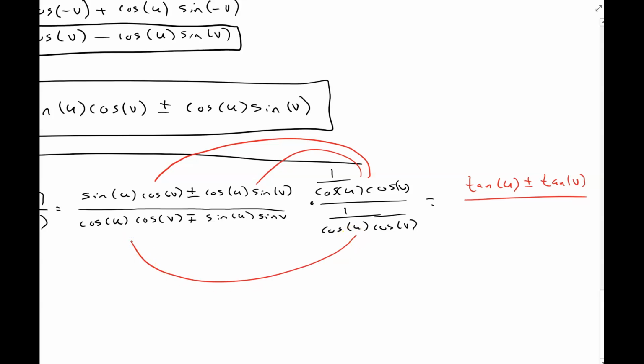When I distribute to the denominator, cosine u's cancel, cosine v cancels, and I'm left with 1. And when I multiply to this term, I get sine u over cosine u times sine v over cosine v, so just tangent u times tangent v.